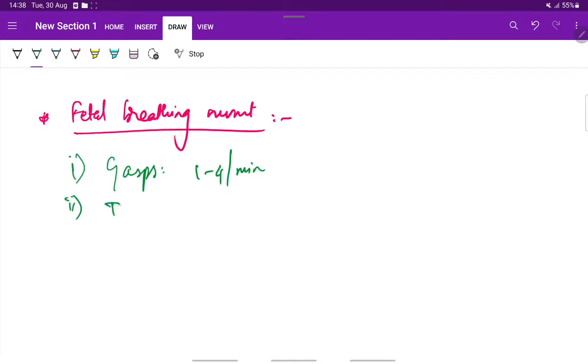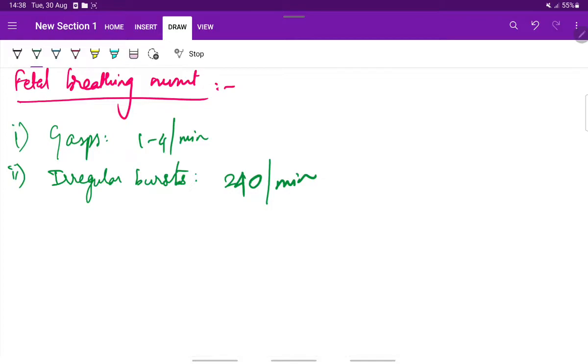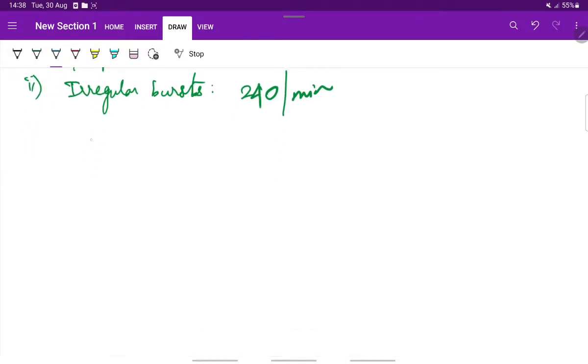The second one is irregular bursts, which occur at a frequency of about 240 per minute. And these fetal breathing movements show diurnal variation and are decreased at night and increased after meals.